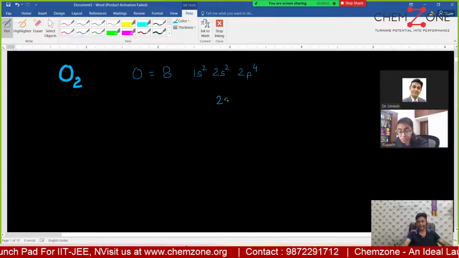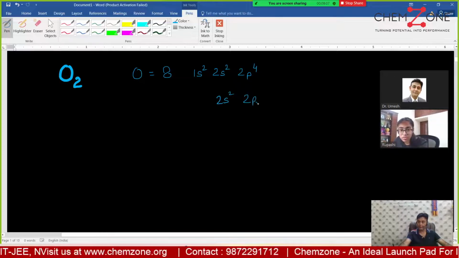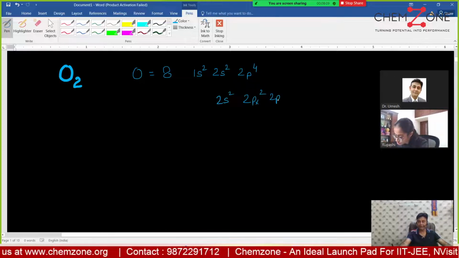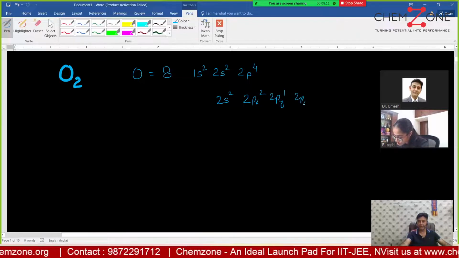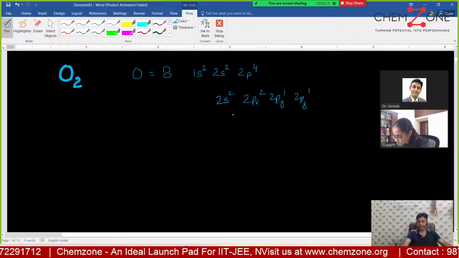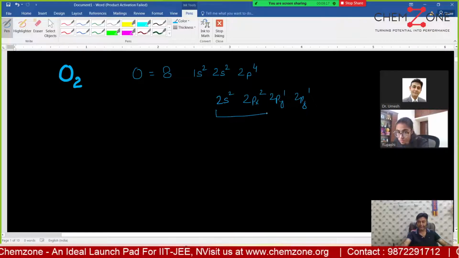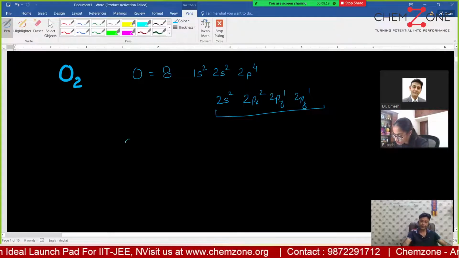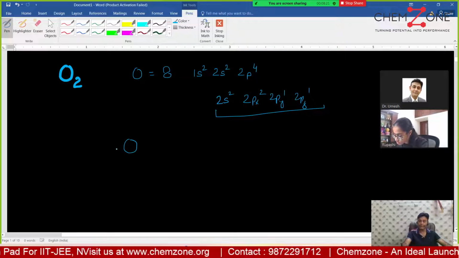Let us expand 2p: 2px2, 2py1, and 2pz1, right? So these are the valence electrons, 6 electrons. So we say oxygen has 2 unpaired electrons.